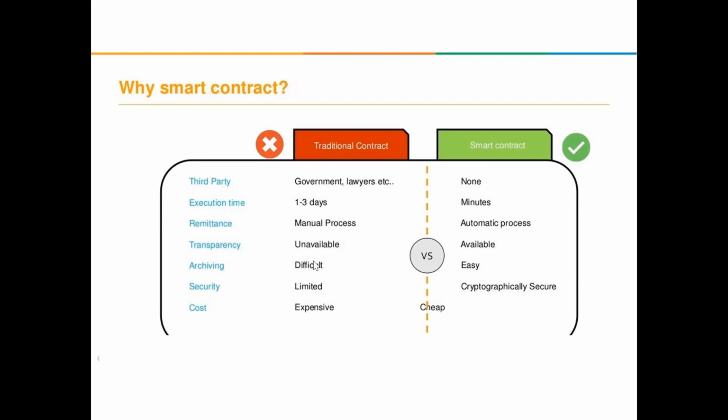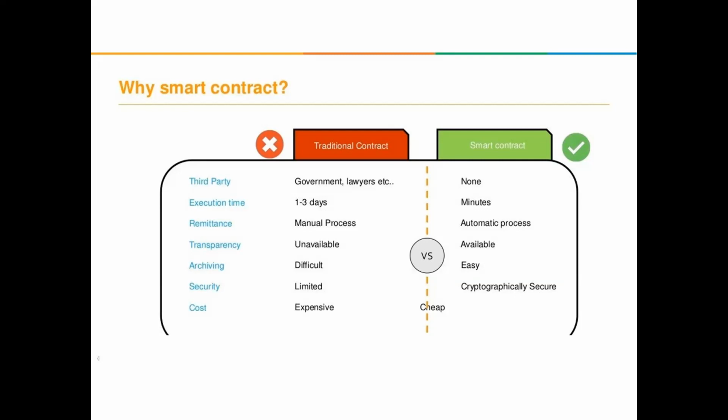Thirdly, there is no third party involved in a smart contract, while in a traditional contract there will be a third party involved, and they will take money as well. So basically, this is the difference between traditional and smart contracts. If we adopt smart contracts that work on blockchain, we can eliminate all such problems by using this technology, right?